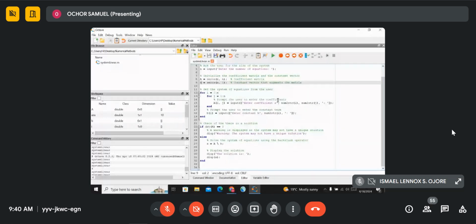through the rows from I to the nth row, and then J. You put the numerical string.